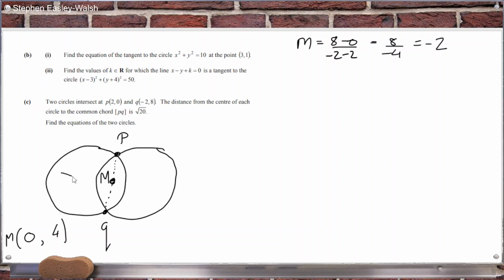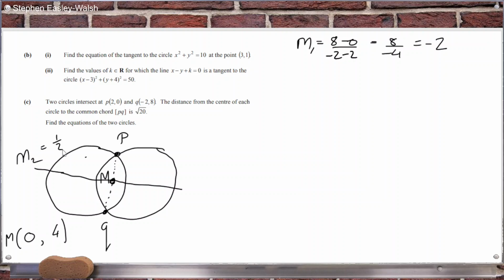So it means the slope of this line has a slope of a half.